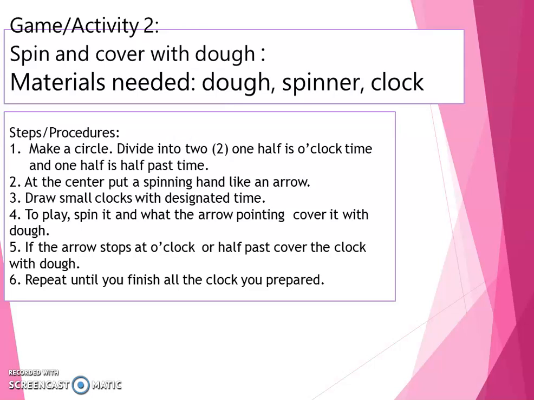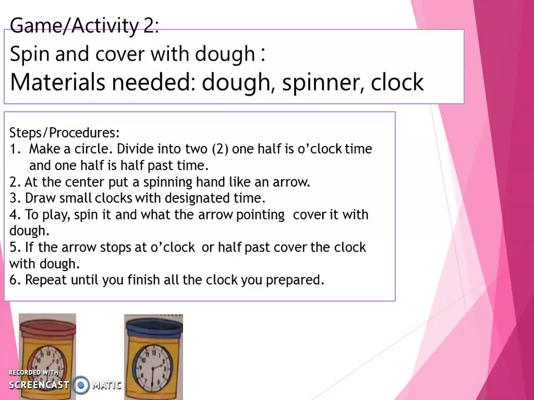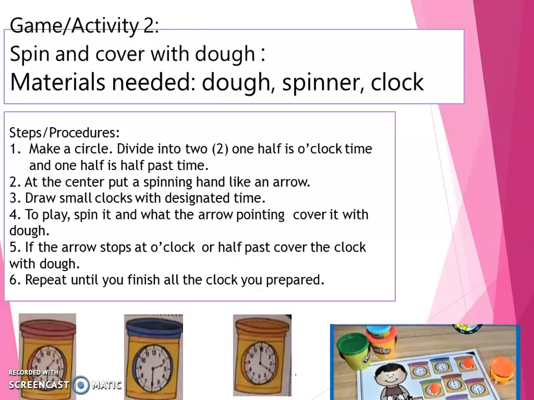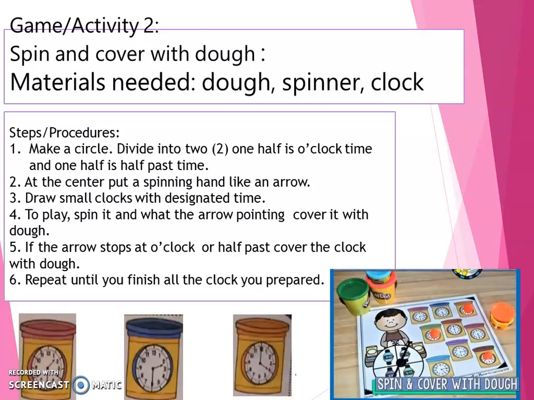And to play, spin it, and whatever the arrow is pointing at, cover it with dough. If the arrow stops at o'clock or half past, cover the clock with dough. And repeat until you finish all the clocks you prepared. So we have here examples of clocks.